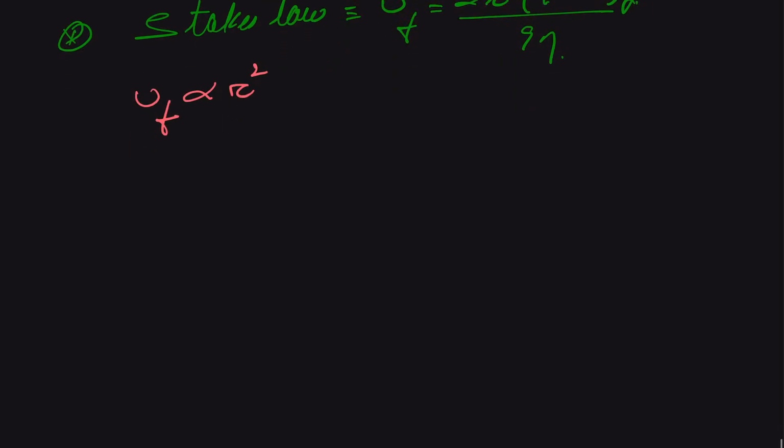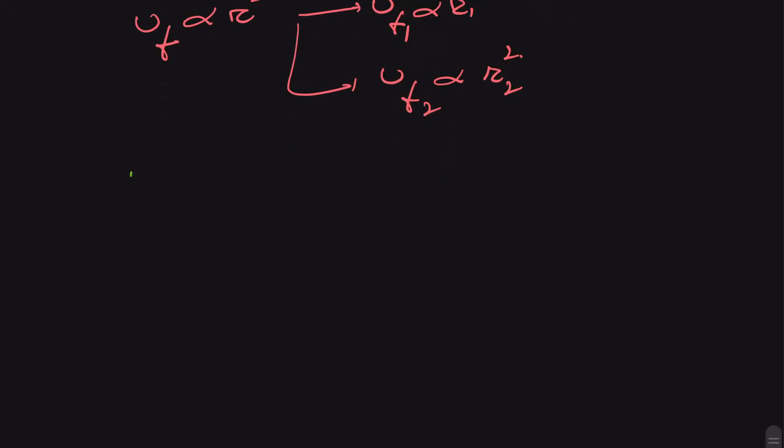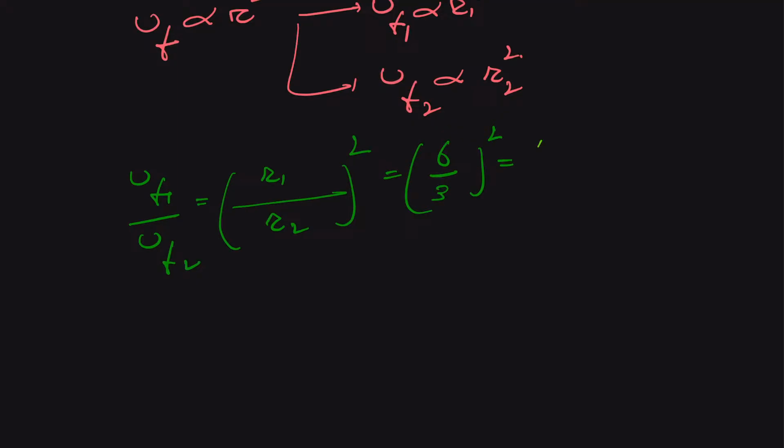So we can divide this into two parts. Vt1 is proportional to our R1 square, and terminal velocity for second is proportional to our R2 square. So we can simply take the ratio. Vt1 upon Vt2 is equal to R1 upon R2 whole square, which comes as 6 upon 3 whole square, giving us 4.